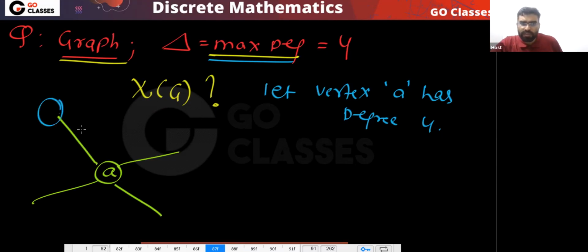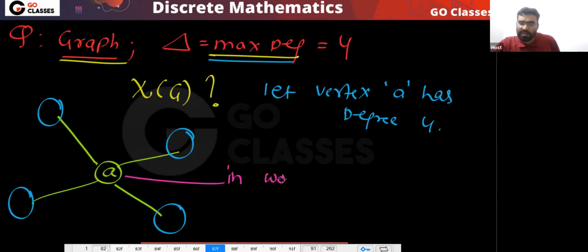There are 4 neighbors. Which is the lowest number available for A in the worst case? In the worst case, that is 5. In the worst case, 1 to 5 is definitely available.